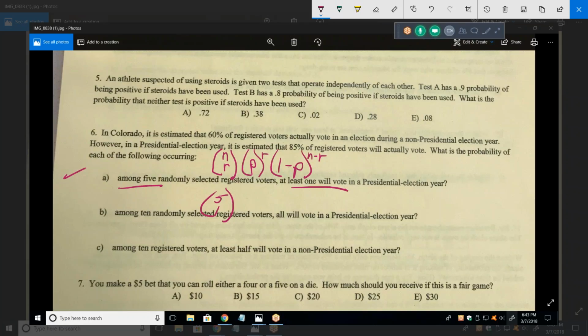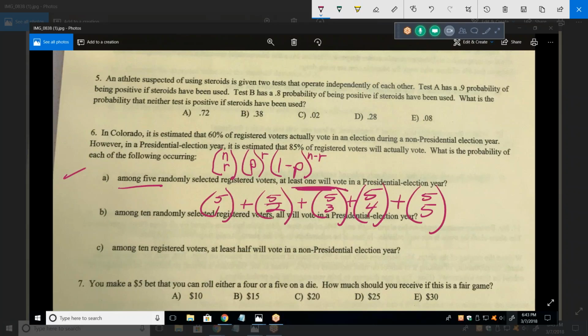In other words, we're at least 1. Actually, this is going to be, in other words, at least 1 means 1, 2, 3, 4, or 5.